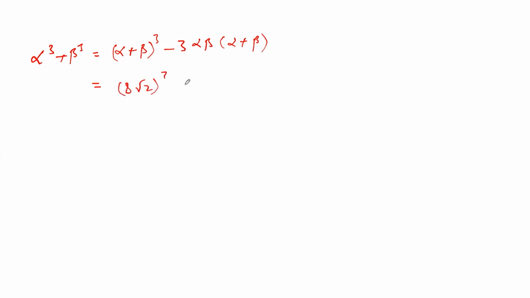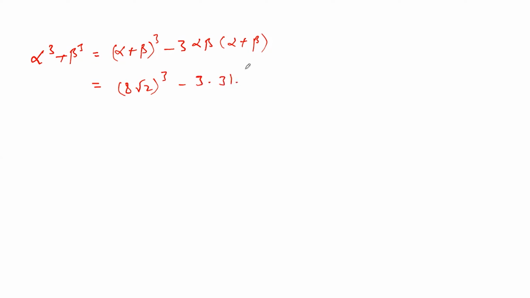And again, for alpha cube plus beta cube, you know the formula: alpha plus beta, the whole cube, minus 3 alpha beta into alpha plus beta, right? So alpha plus beta is now 8 root 2, the whole cube. Only the calculation, right?